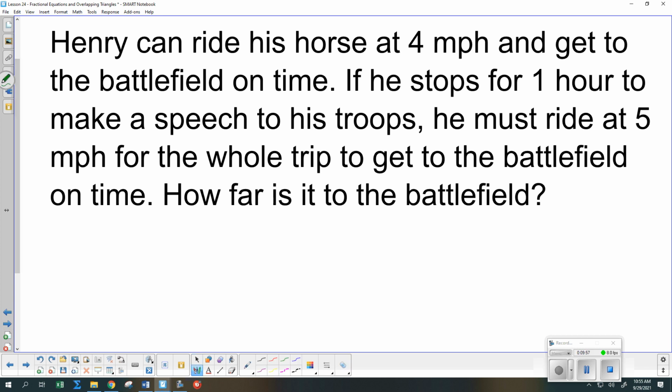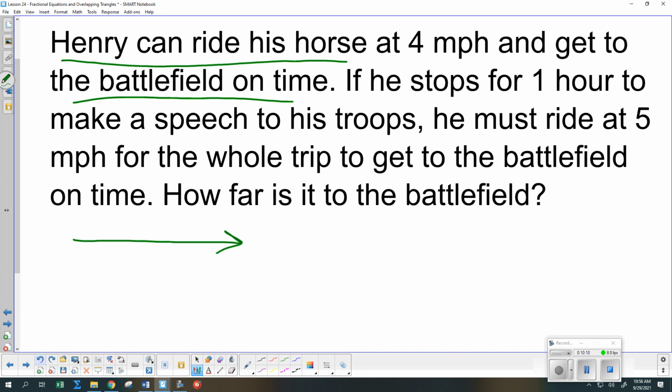So for that first sentence, we have Henry's rate. I'll do my arrow diagram first here. I have Henry going from wherever he starts to the battleground. But then I have case 2.